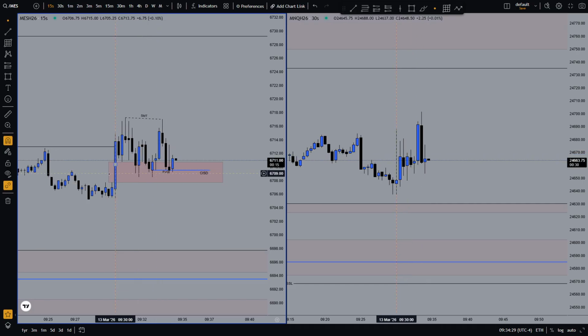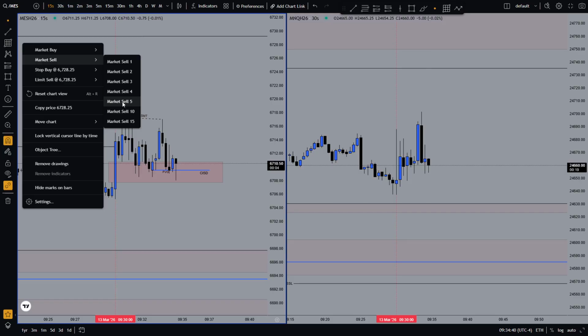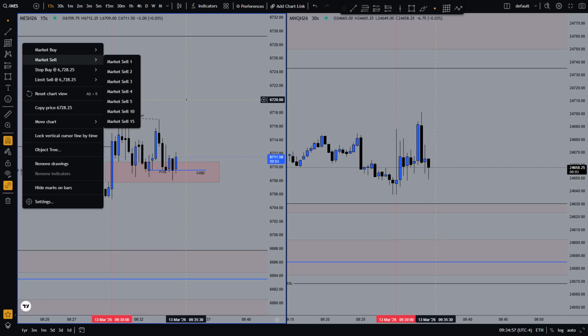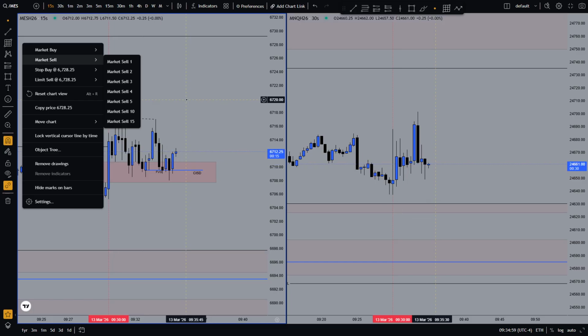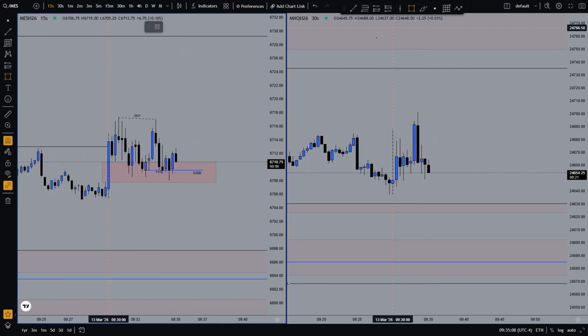Not just through this change, because we're inside of the gap still. So we could get through this change, but then hold the gap and then seek higher. I want to see us get a full close through the gap of this inverse here.